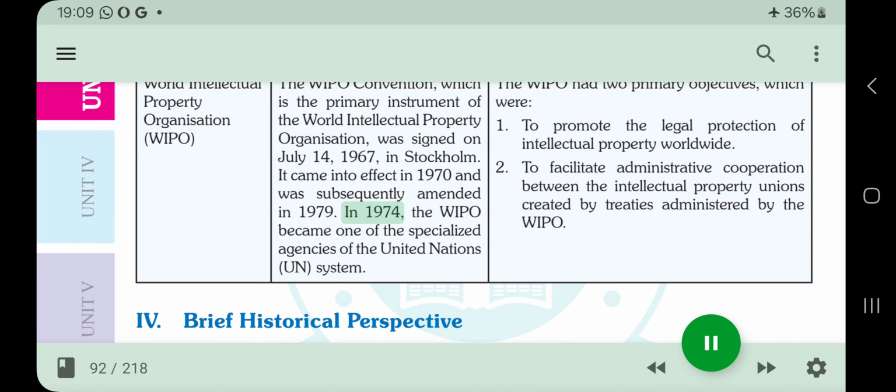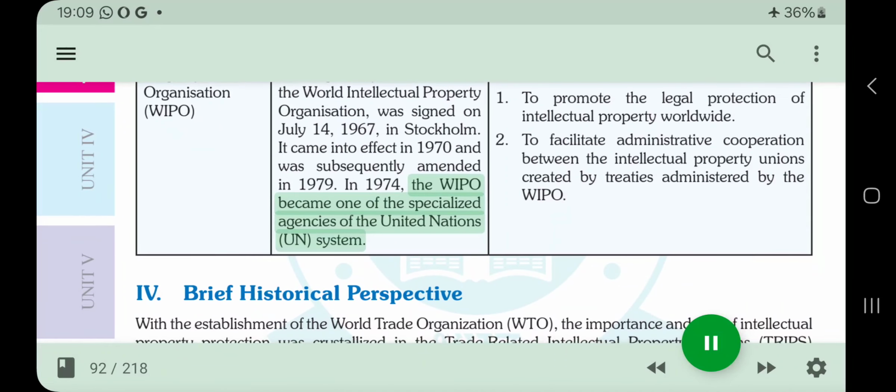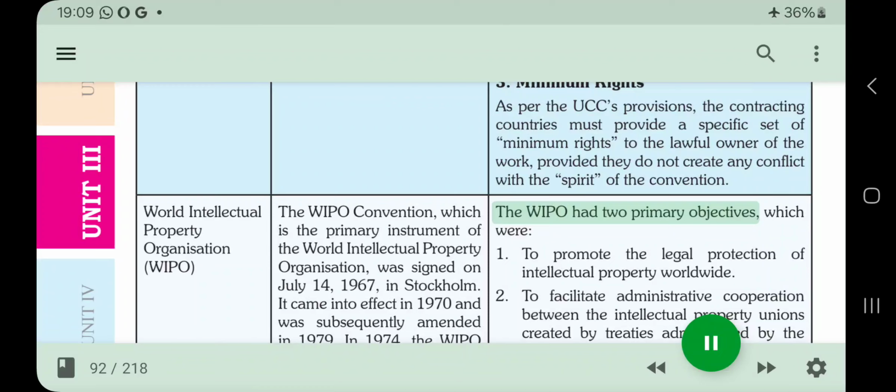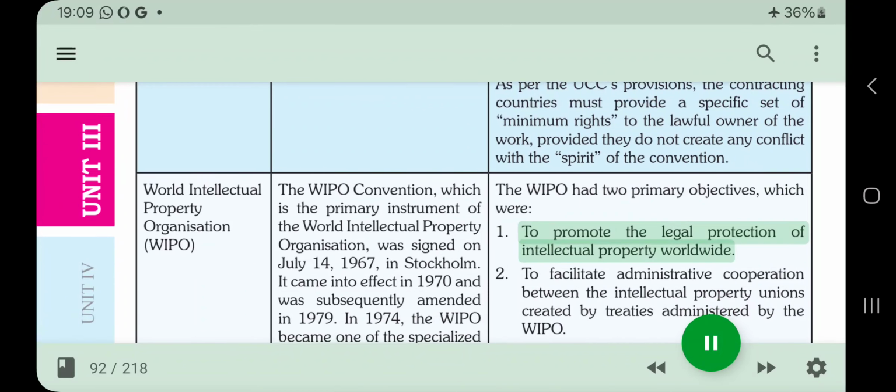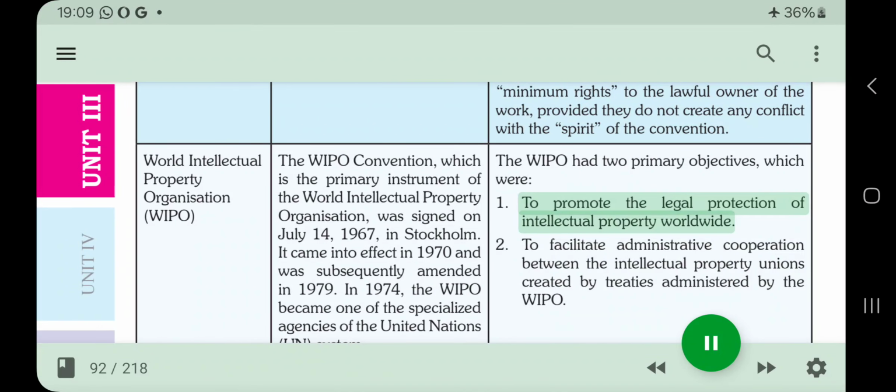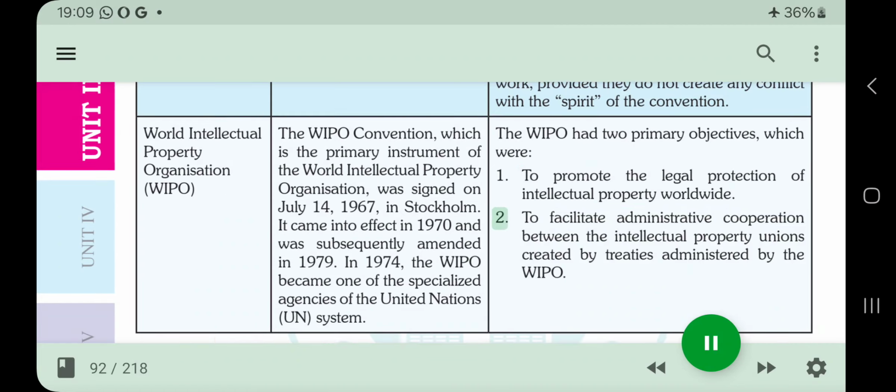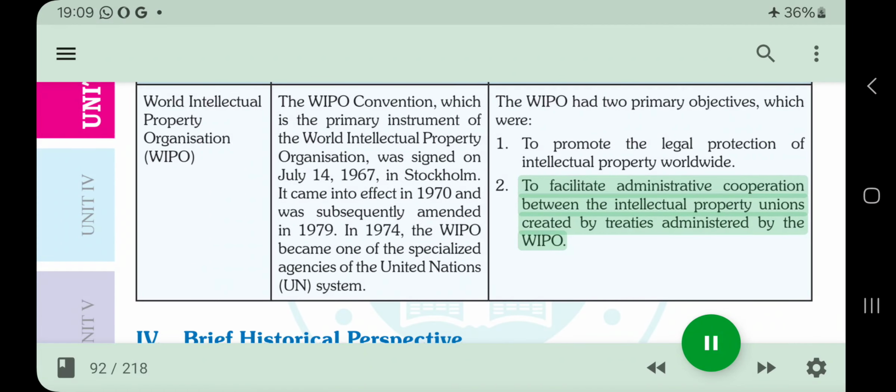In 1974, the WIPO became one of the specialized agencies of the United Nations, UN, system. The WIPO had two primary objectives, which were: 1. To promote the legal protection of intellectual property worldwide. 2. To facilitate administrative cooperation between the intellectual property unions created by treaties administered by the WIPO.